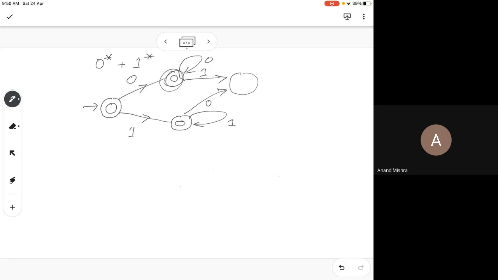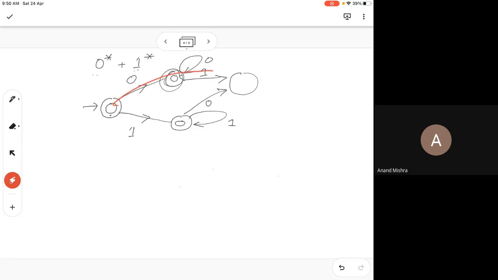So what is this question saying? With 0 star plus 1 star, first of all you have an option to choose either 0 star or 1 star. That option is given by this particular branch: you go to the top branch or the bottom branch.